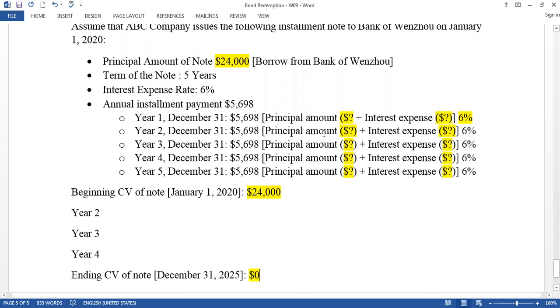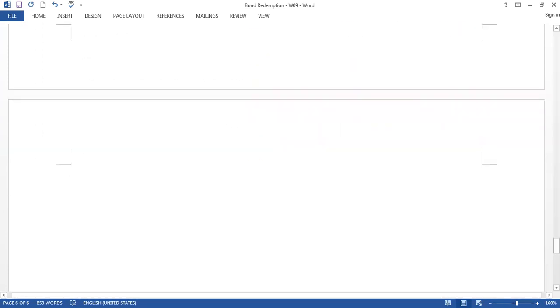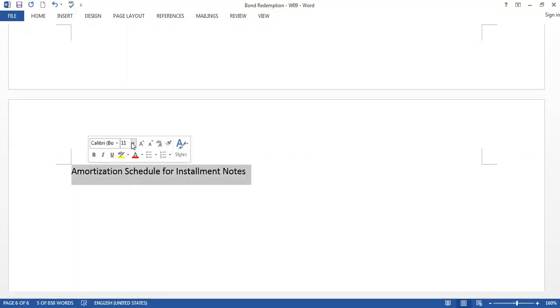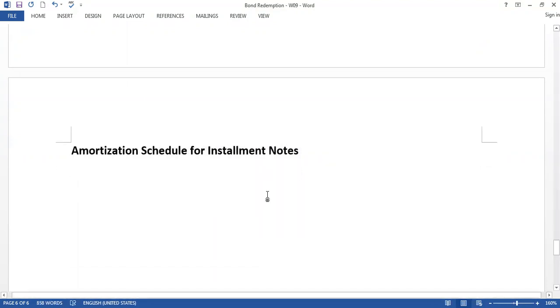So now we are going to prepare an amortization schedule for installment notes.